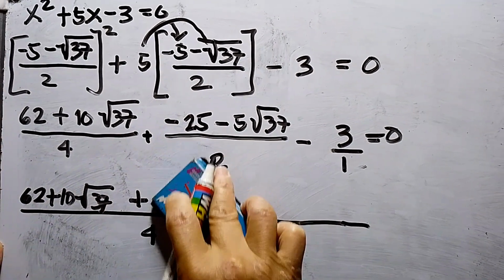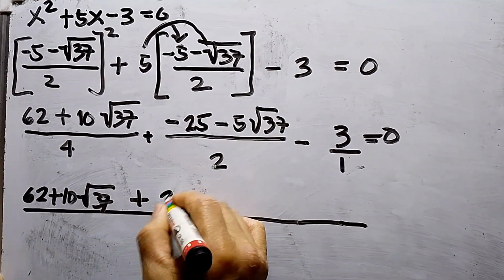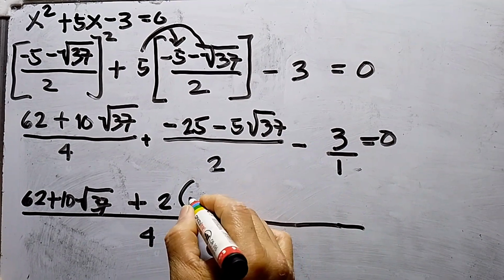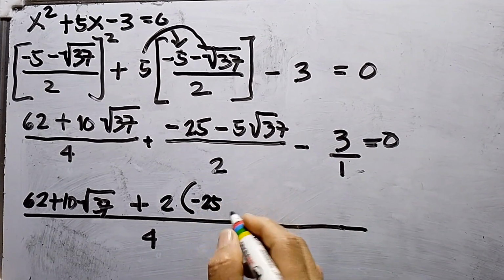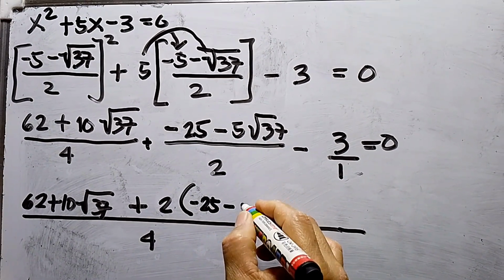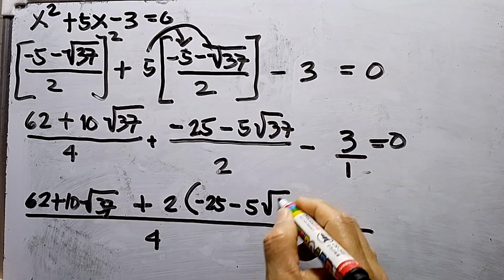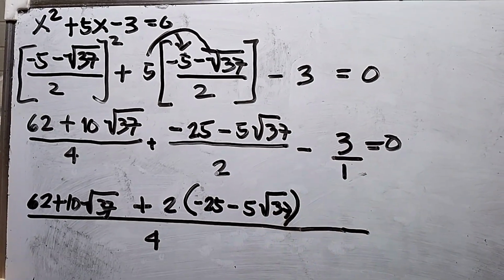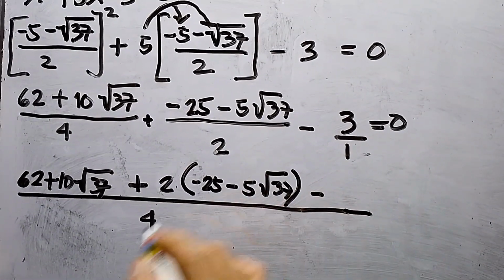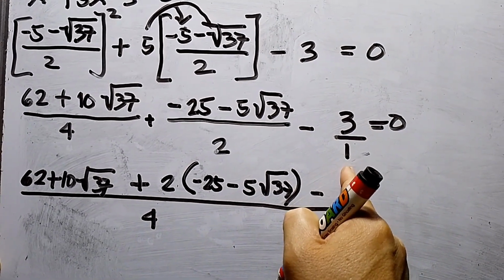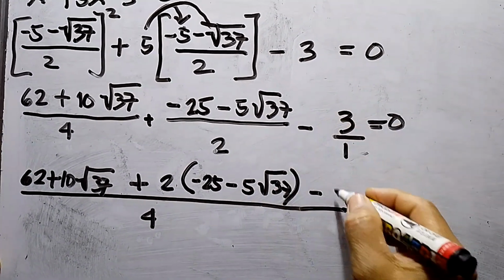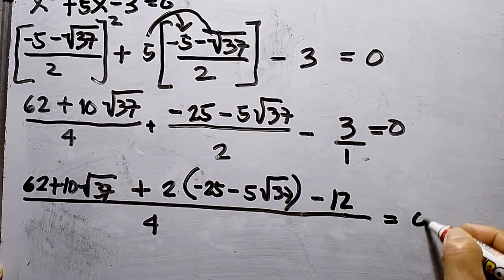So this will be plus 2, and then negative 25 minus 5 square root of 37. And then this will be minus 4 divided by 1 is 4 times 3 is 12. Then this will be equal to 0.